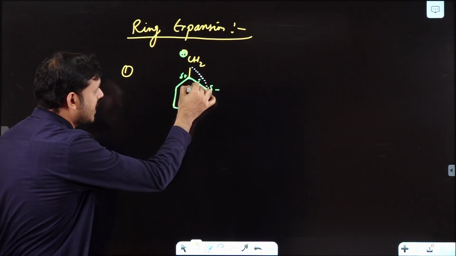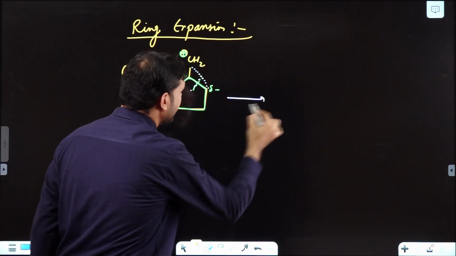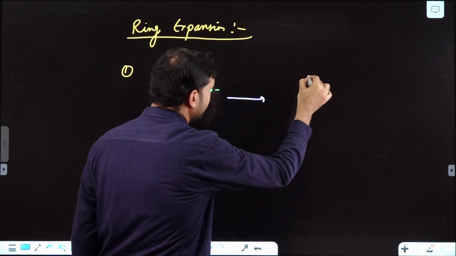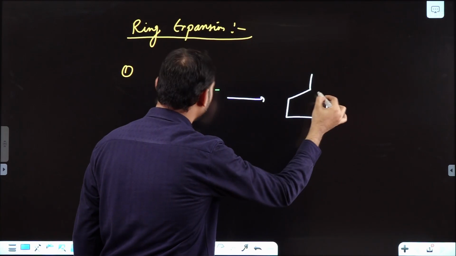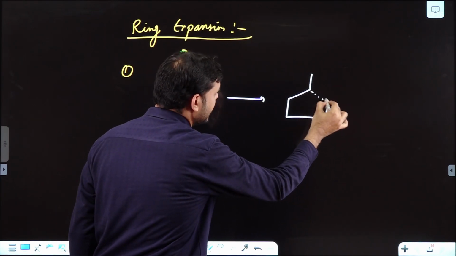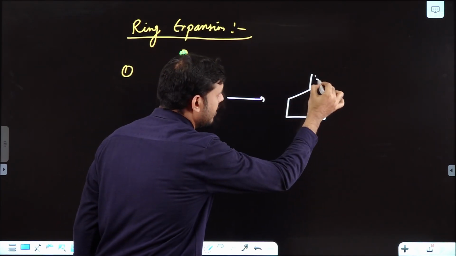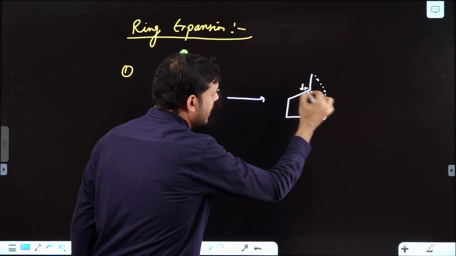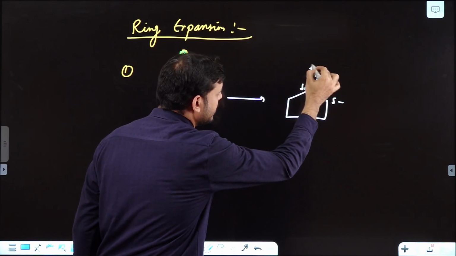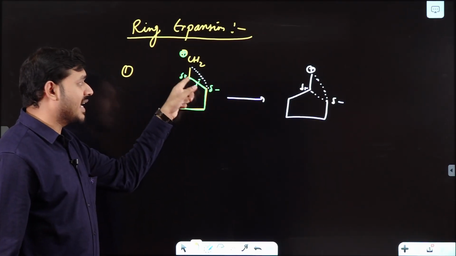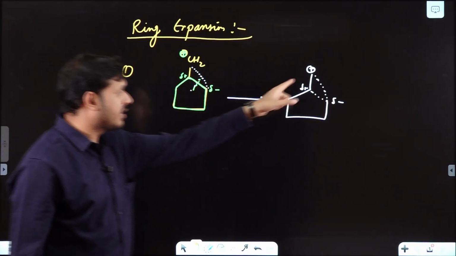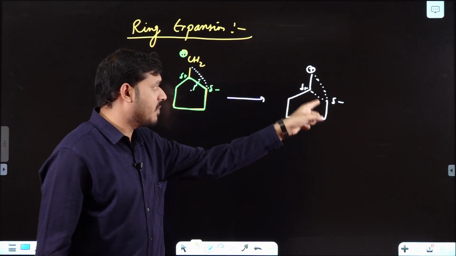And this part breaks. So what you will get? See, this part I am just drawing to let you know, dotted. This is your delta positive, delta negative, and this was your plus charge, okay? So this is your bond breaking and this is your bond forming. Here bond forming, here bond breaking, okay?